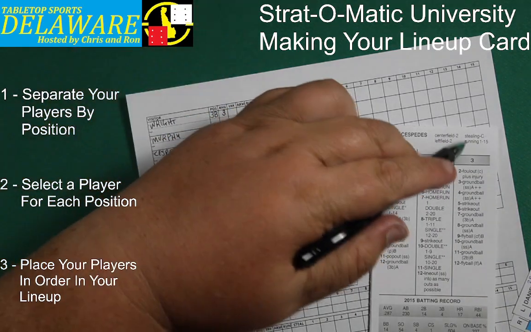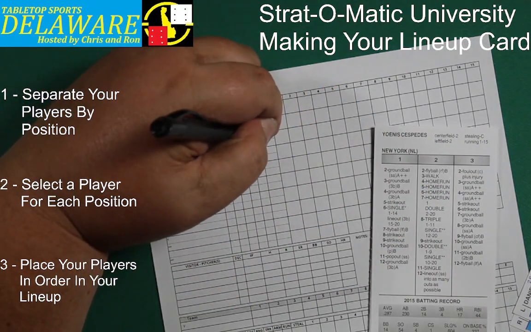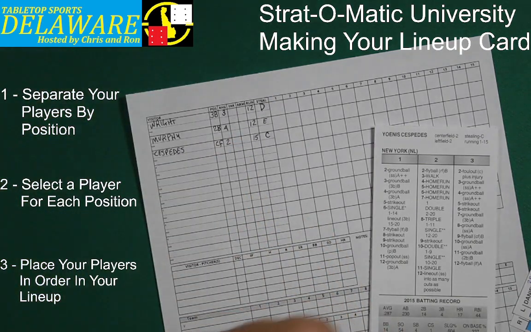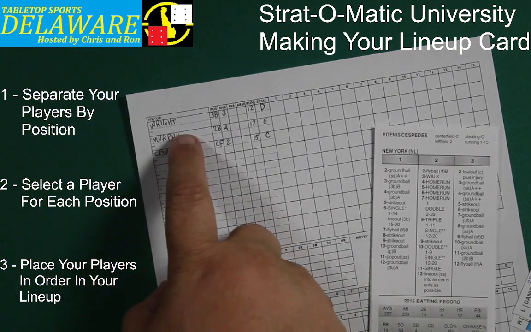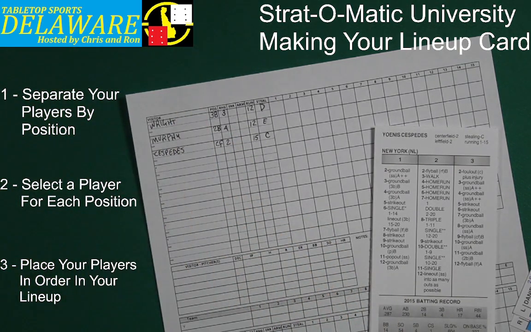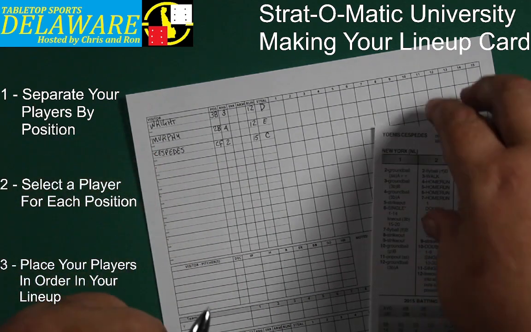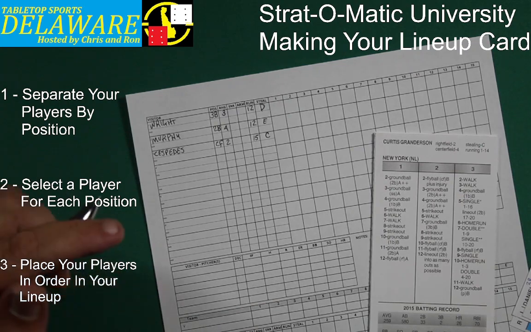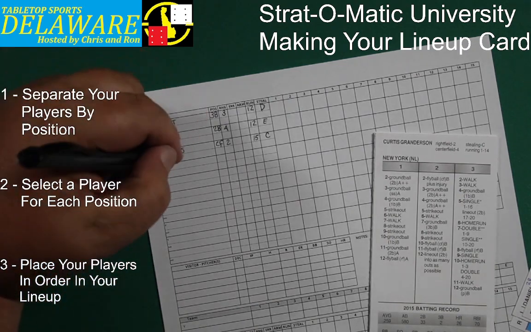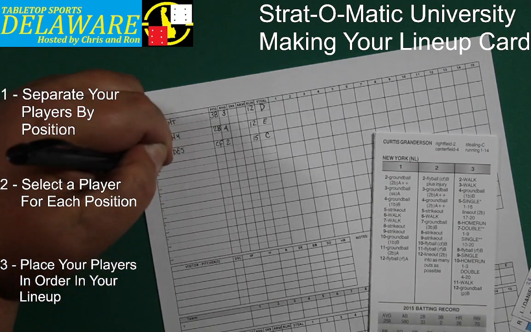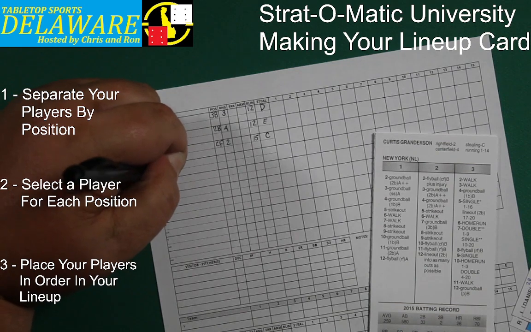As you remember, I thought about putting him higher in the lineup, but with power like this and good batting average and on-base percentage up here, I decided to get these guys on base so Cespedes could knock them around. And then we go to our cleanup batter, which is Curtis Granderson.